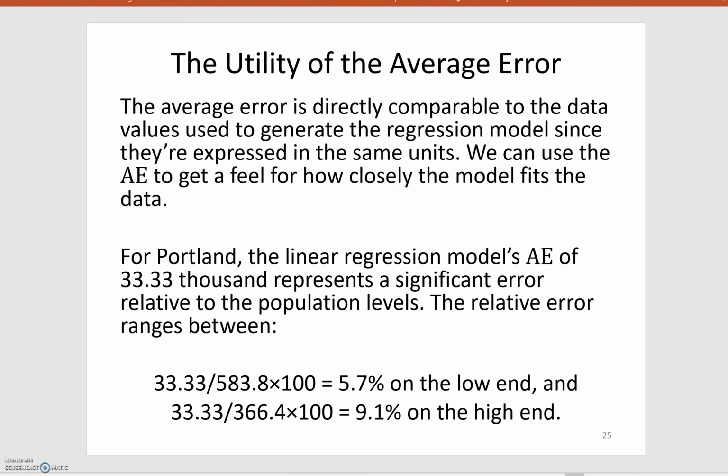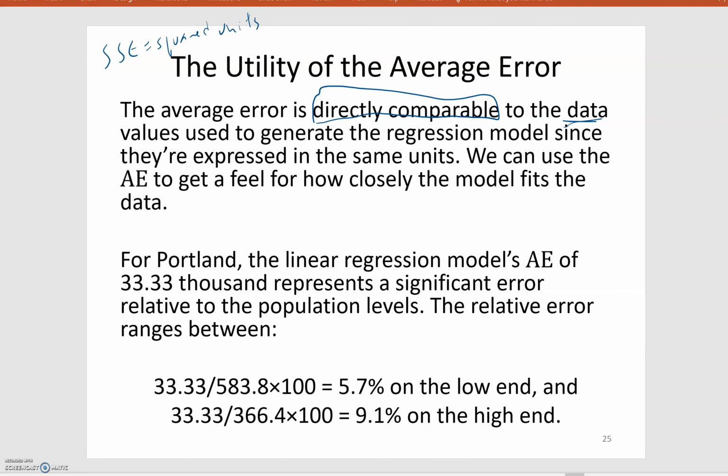The big use of the average error is that, as it says here, it's directly comparable to the data. The problem with the SSE is that it is in squared units, whereas the average error is not.